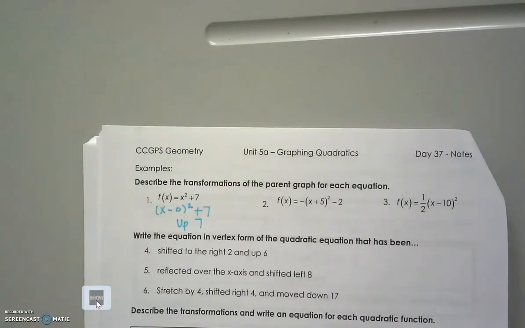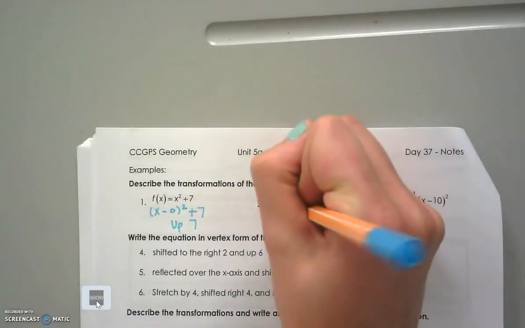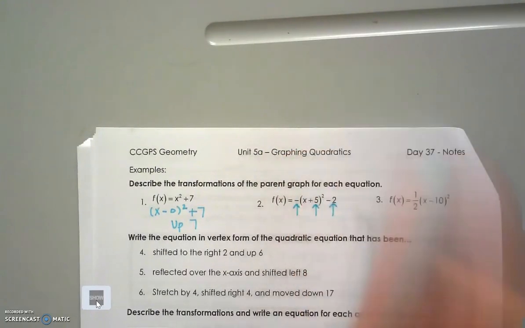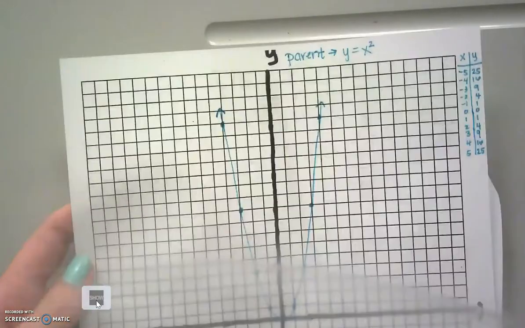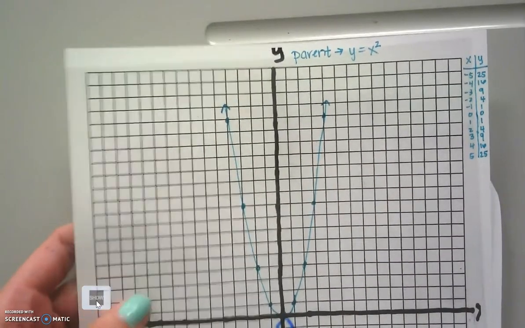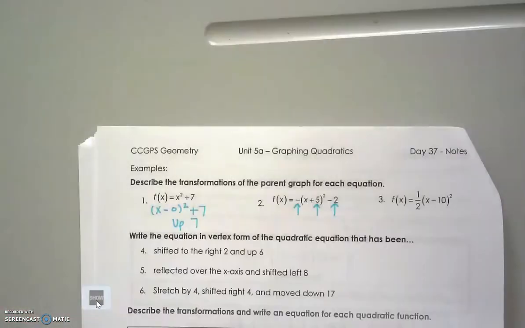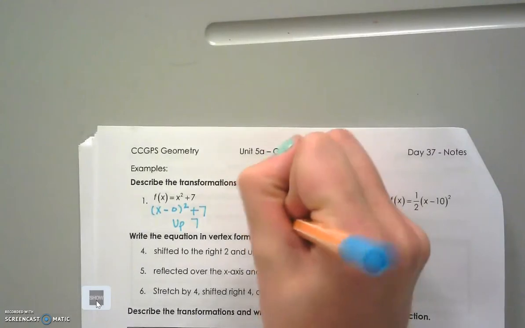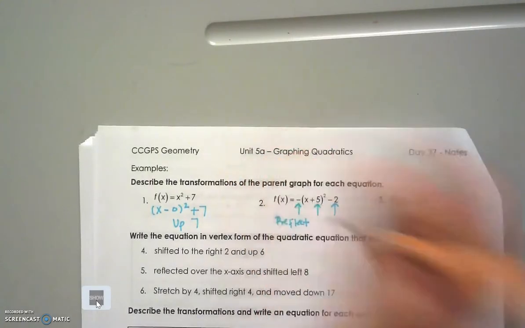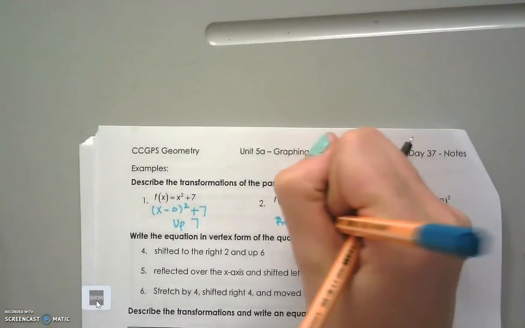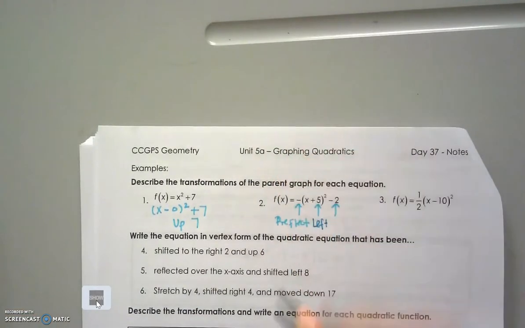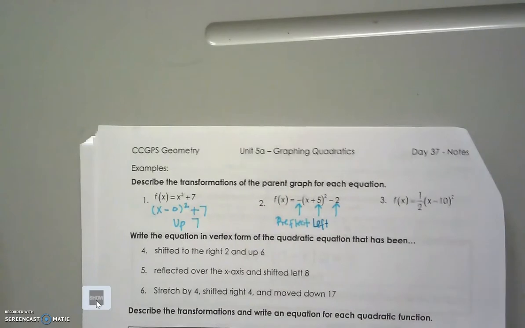There's a couple things going on here. There's one thing, there's two things, there's three. That negative out front tells me to reflect. I've reflected my image. If I want to do +5, that's really telling me to go left. Remember, you're always doing the opposite with something next to x.